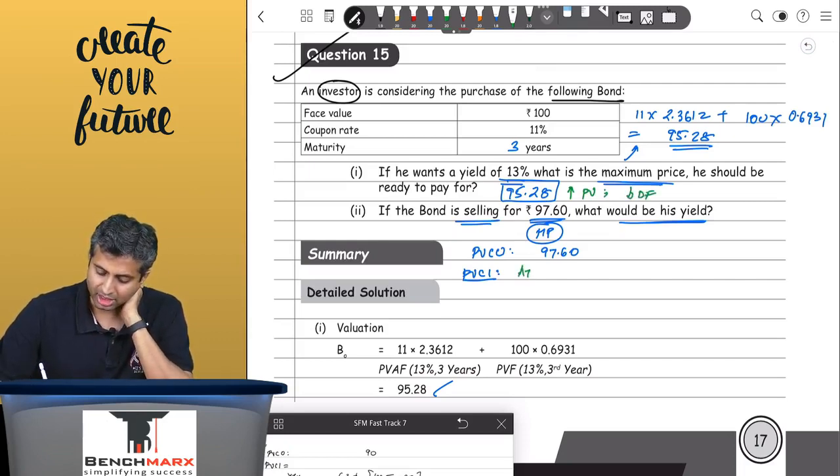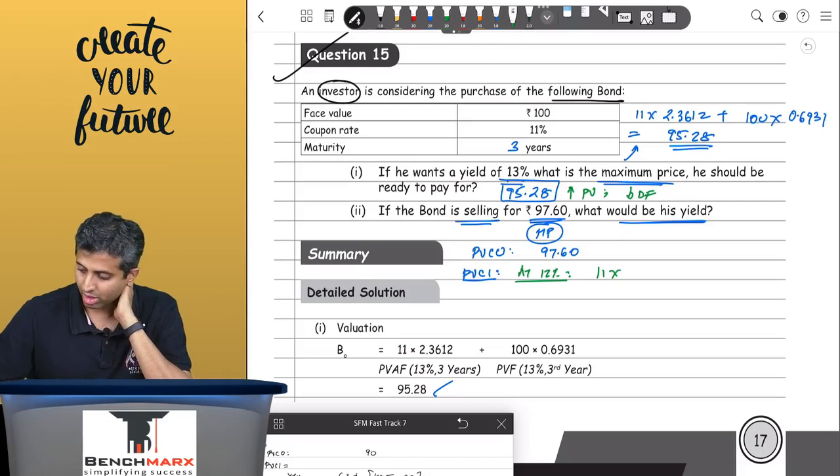So let us say I start at 12%, in which case this will be 11 into 1 divided by 1.12, which is I think 2.4018, and then 100 into 0.7118. So if I total this, it is 11 into 2.4018 plus 100 into 0.7118.